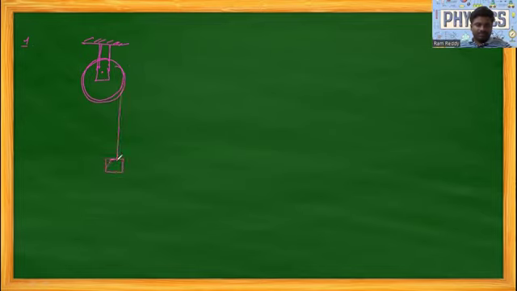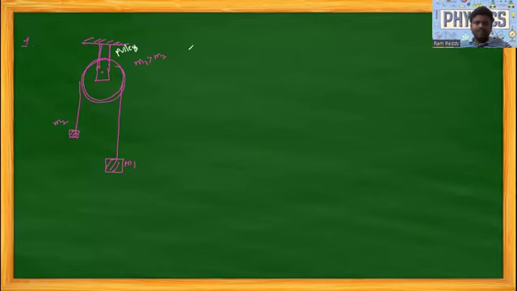This mass is M1, and here we have another, smaller mass M2. Our assumption is that M1 is greater than M2. So we have two masses, M1 and M2, and this is our pulley.